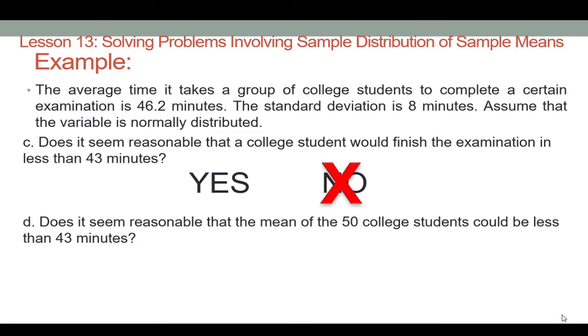How about this? Does it seem reasonable that the mean of the 50 college students could be less than 43 minutes? So, yun daw bang napili nating 50 college students, matapos kaya nila yung exam in less than 43 minutes? Ang probability na na-compute natin ay 0.23. So, ano kaya?